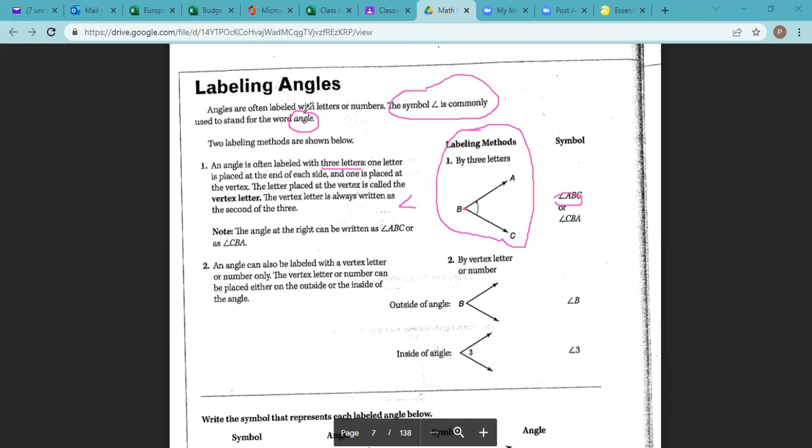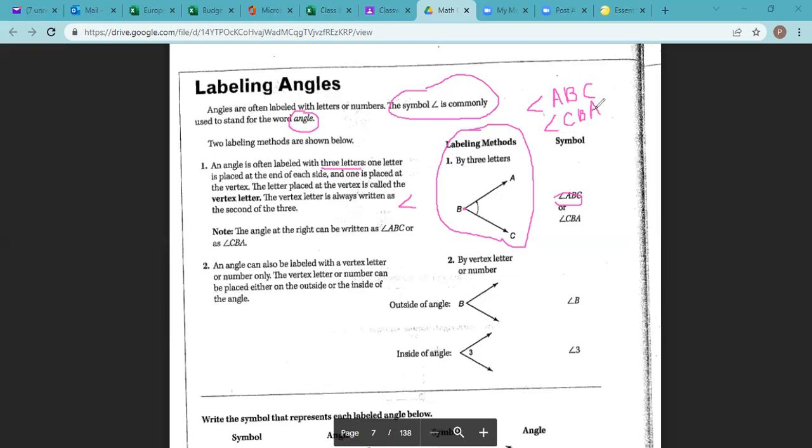Every time you draw that little symbol, you would say the word angle. So we could say angle A, B, C. But there's another way we could name this angle also, because we do have 3 letters. We could say angle C, B, A. So we could turn it around.